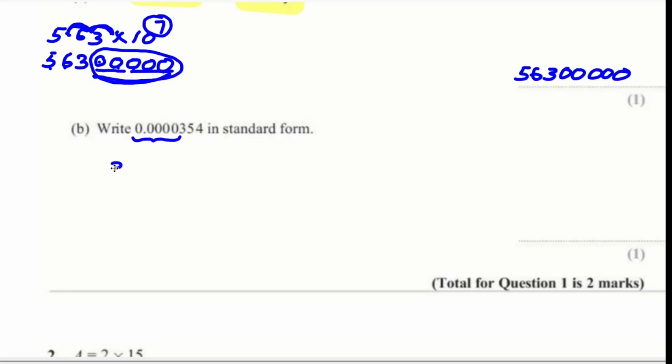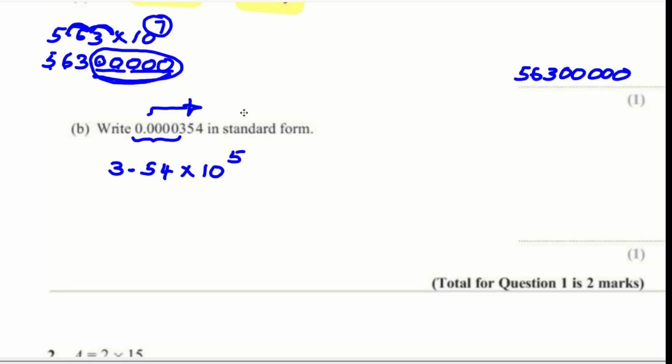Let's bring it to 3.54 × 10 to the power. How many times did you make the decimal point jump? 1, 2, 3, 4, 5. You made it jump 5 times, so we write 5. Since you made it jump backward, you went to this side, then backward.